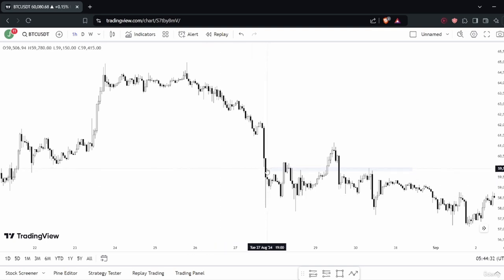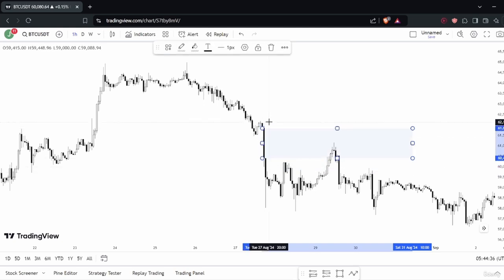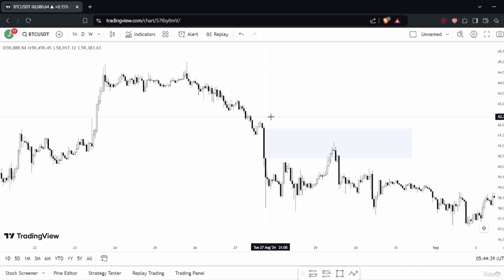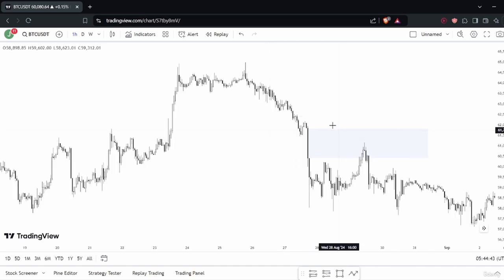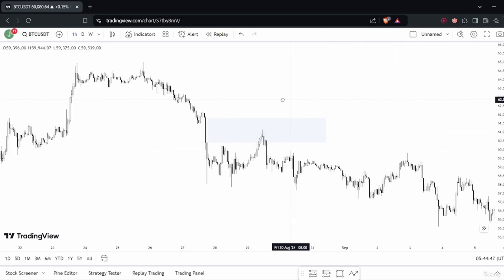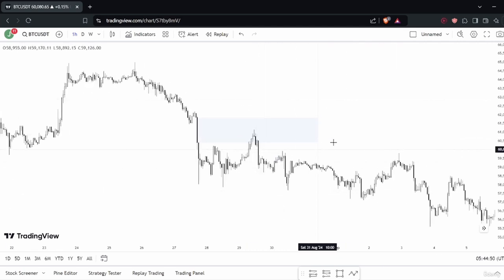We only care about the PD arrays. What's a PD array? Premium discount arrays. So we only care about the PDAs that are on a premium. And that's what we want to see price respect, price displays from.